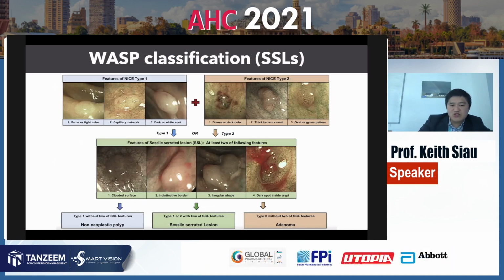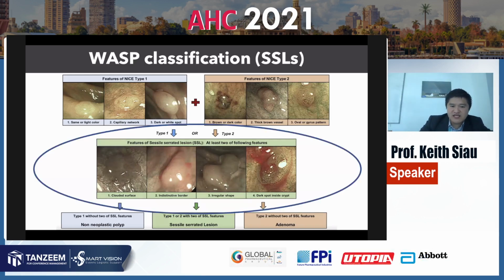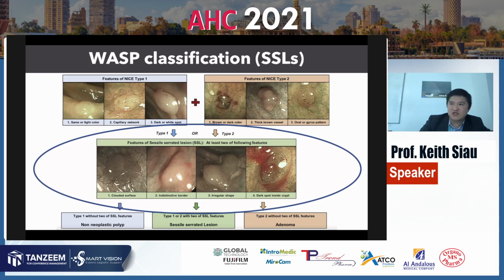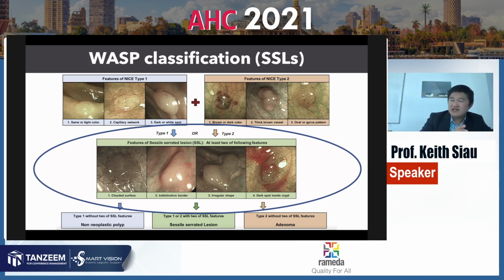Moving on to sessile serrated lesions, I want to bring up the WASP classification, which is very simple. And this looks at the 4 features that we see in SSLs. And these are predominantly in the proximal or right colon. And these are the ones that we have really got more of a handle on over the last 20 years. And before that, they were rarely diagnosed.